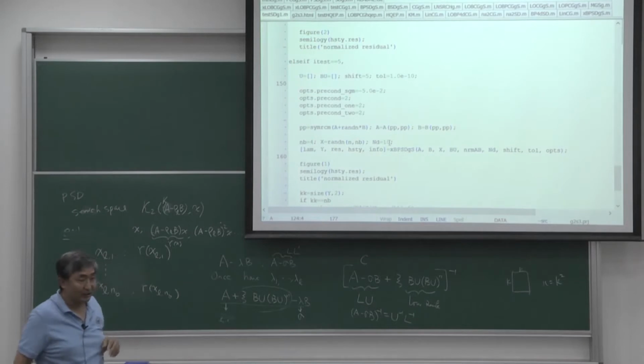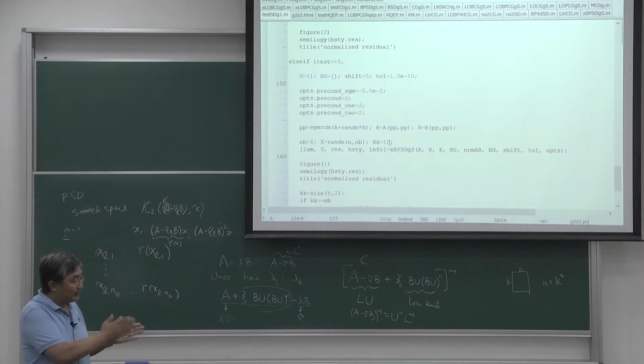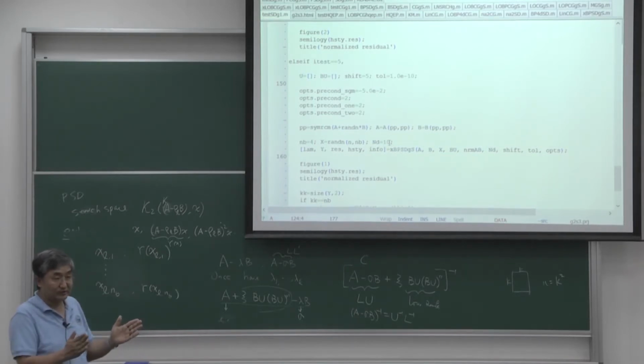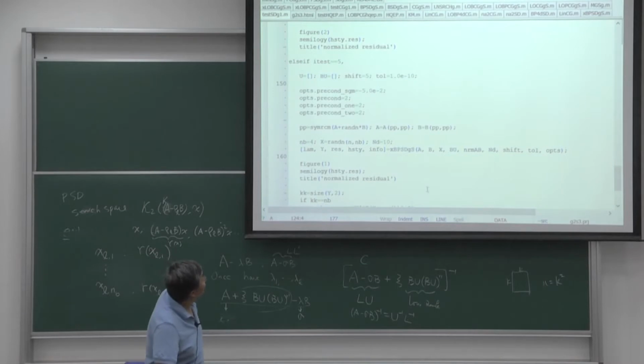This code is more complicated. The preconditioner is still the same preconditioner, so in that sense, that's not that complicated. So every time an eigenvalue converges, I expand the vector, still maintaining the block size 4, and if I run it, let's take a look.